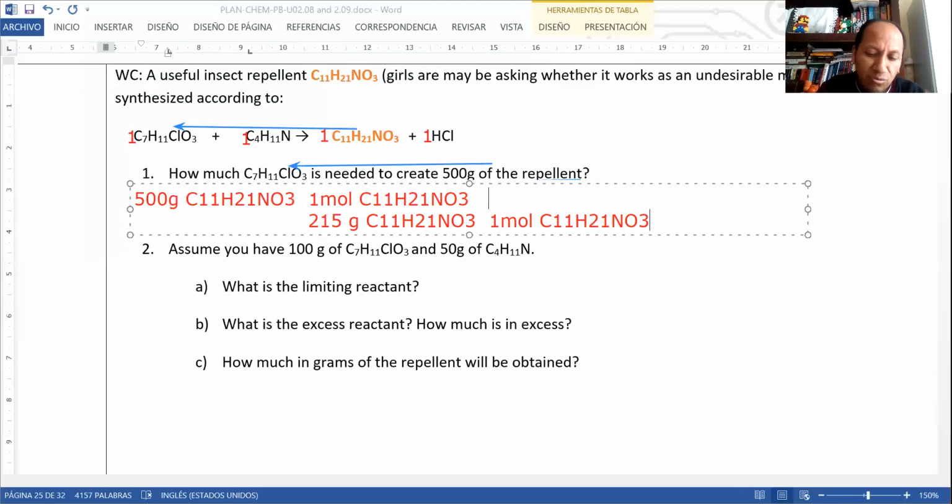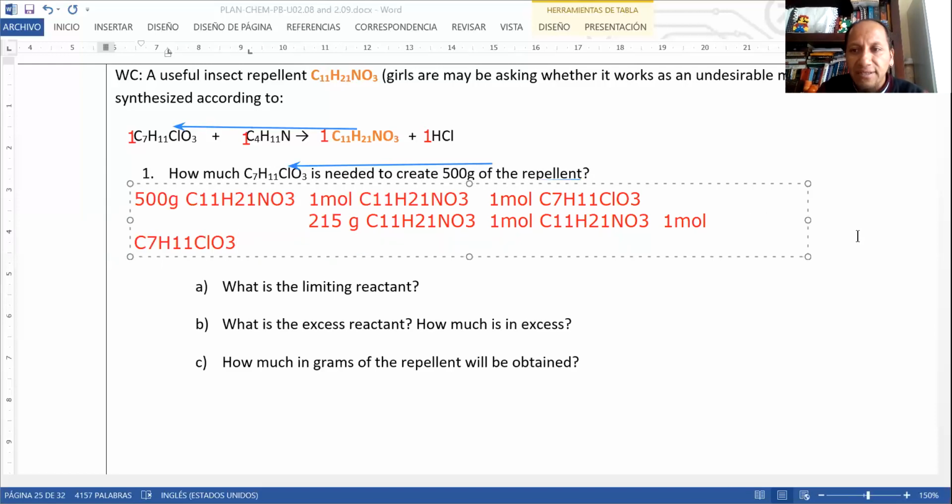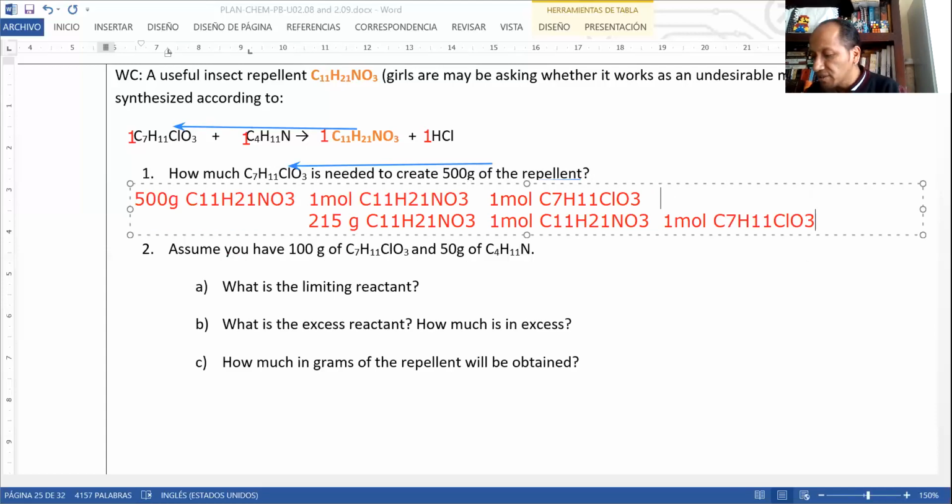So it's 1 to 1, so you put 1 mole of C7H11Cl3. And then in the lower part again, you would have to put 1 mole of that reactant, C7H11Cl3, in grams. What's the mass for that in grams? If you add, according to the periodic table, right?